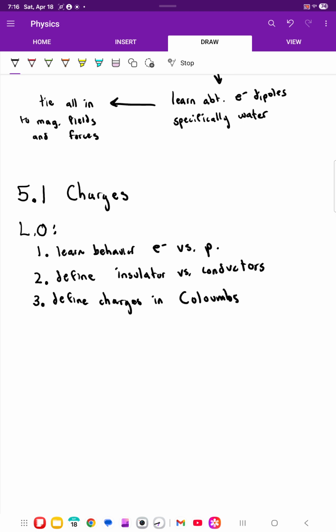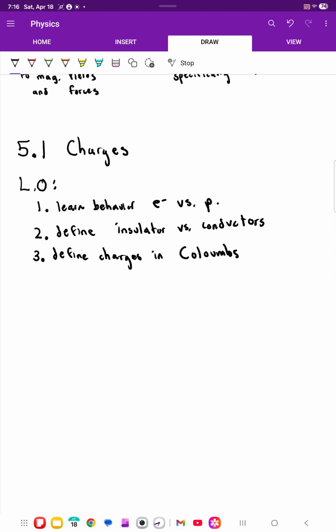The electrostatic force. Point number one in 5.1 on charges is this: electrostatics can come in two forms.